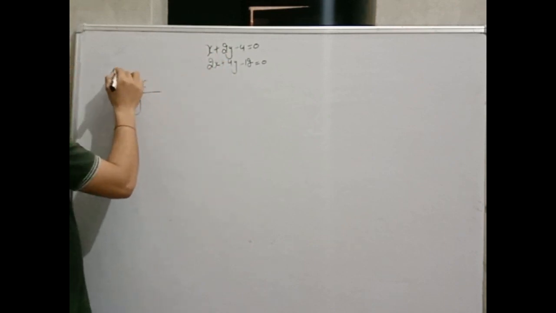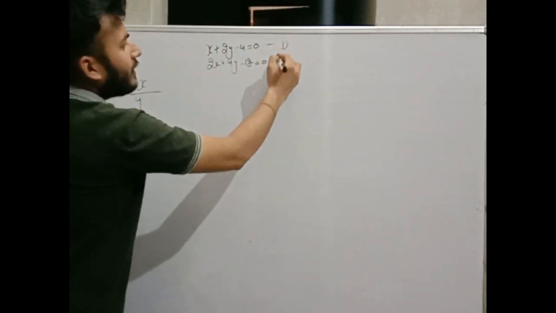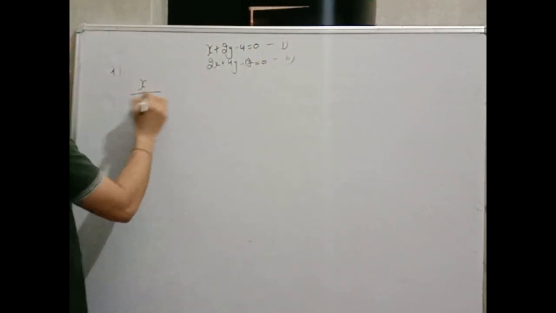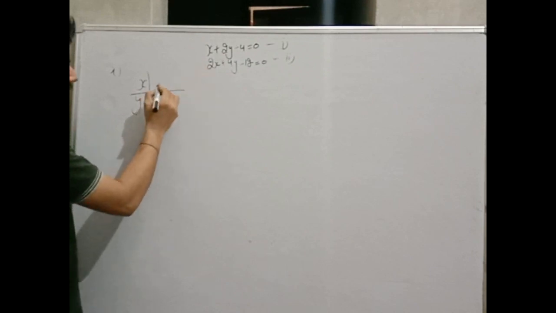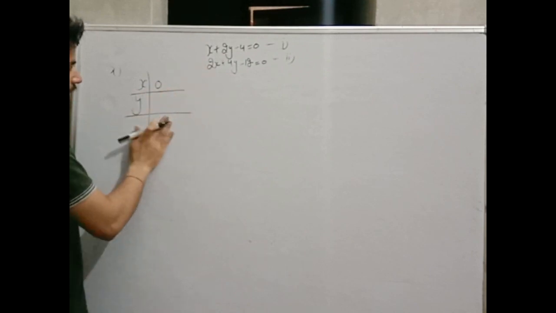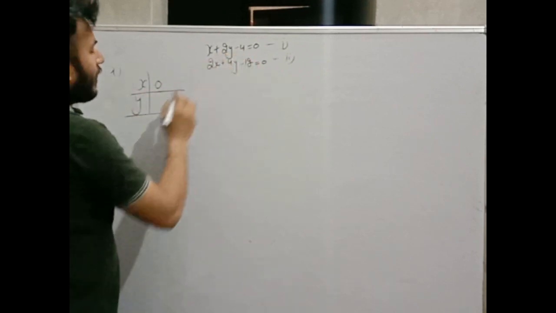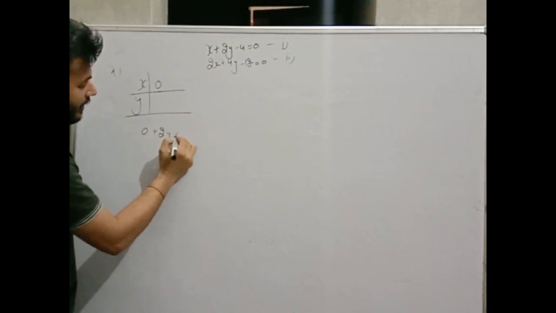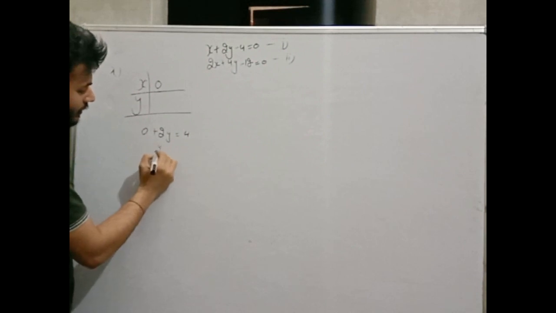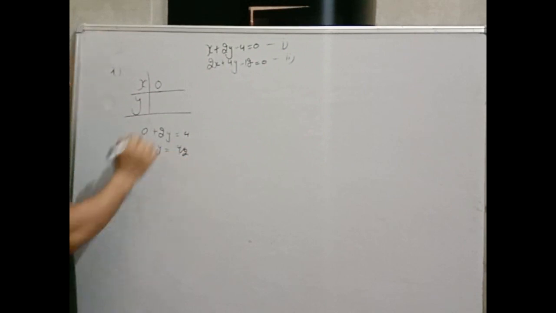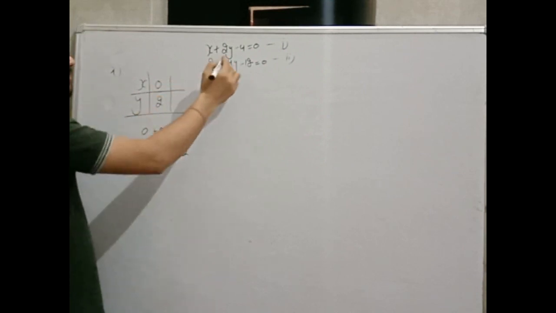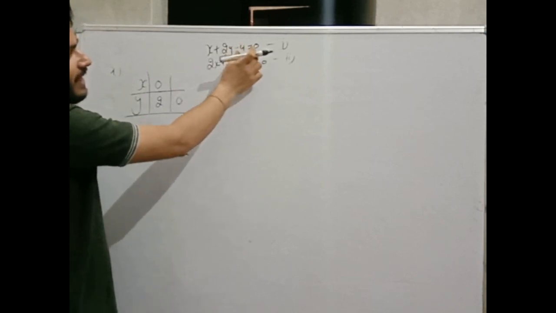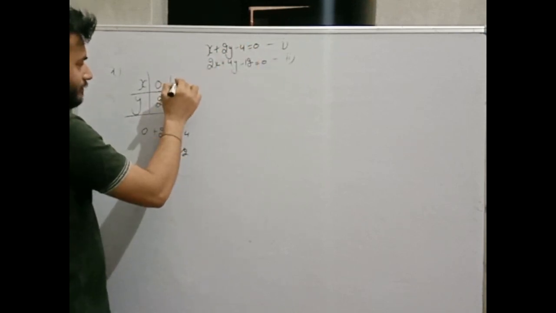For the first equation, if x equals 0, then y will be equal to 2. And similarly, if y equals 0, then x will be equal to 4.